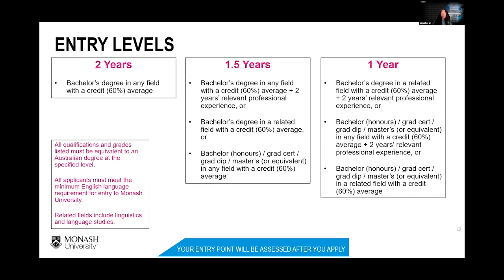Now, as Ruth has mentioned, the course normally is 2 years in duration if you're a full-time student. However, if you have a qualification in a related field, such as linguistics or language studies, or if you have got 2 years relevant professional experience, then your study duration may be reduced to 1.5 or even just 1 year.